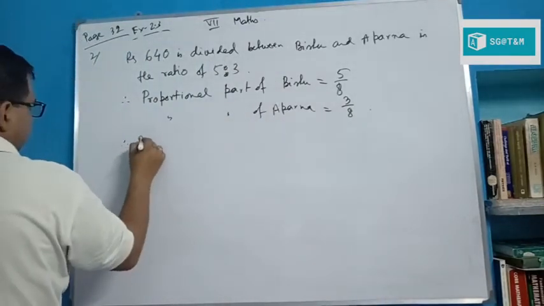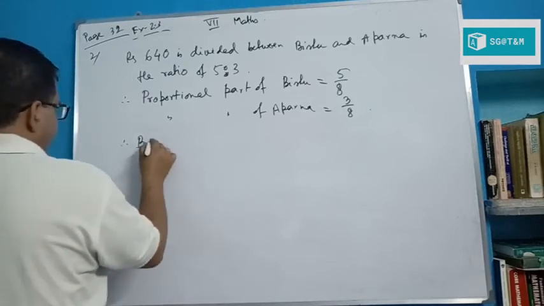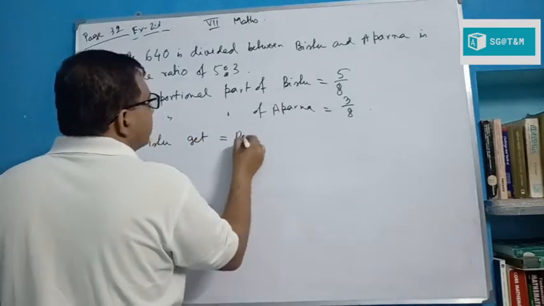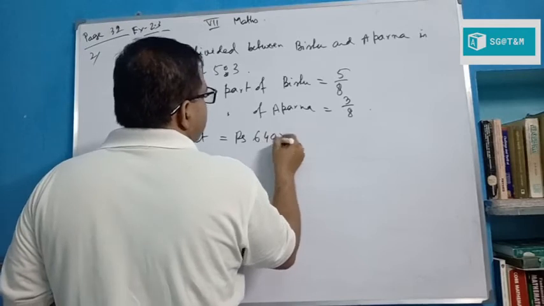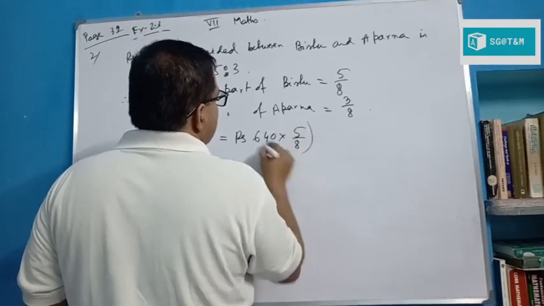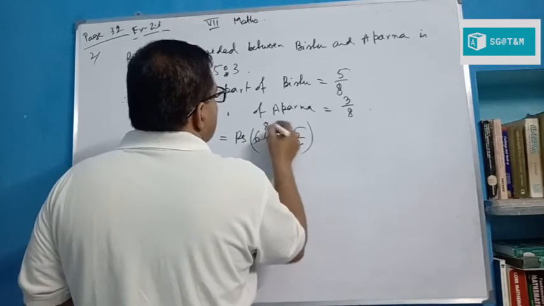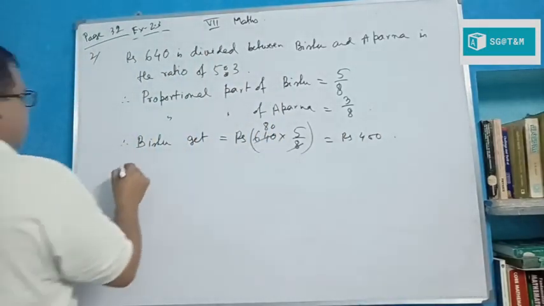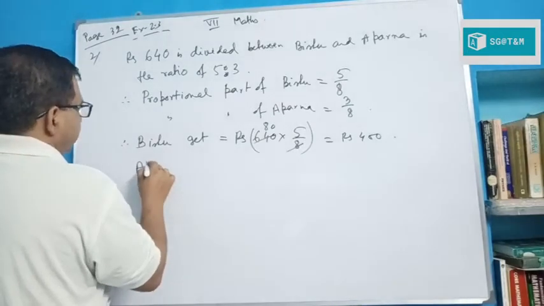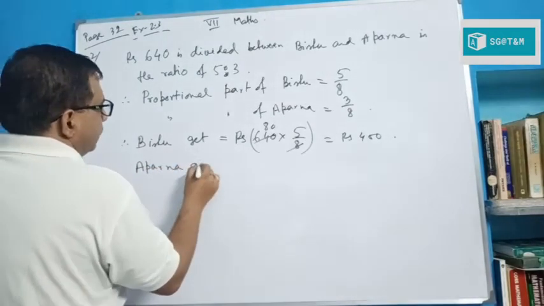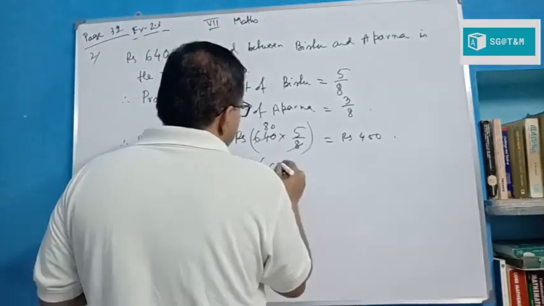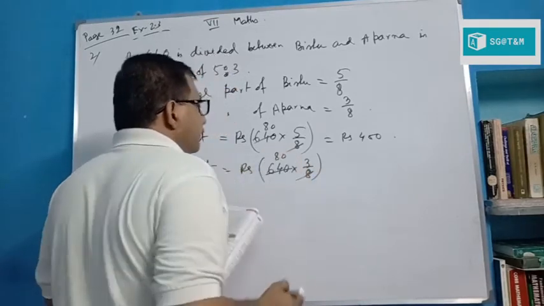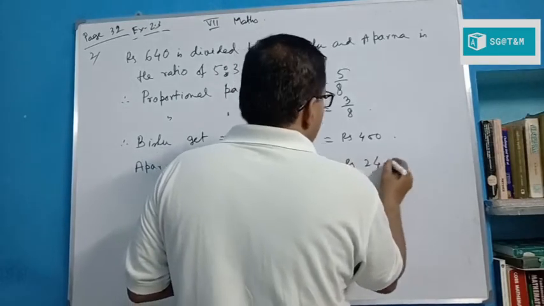Therefore, Bishu got rupees 640 multiplied with the proportional part 5 by 8, rupees 400, and Aparna, same thing, 640 times 3 by 8, rupees 240.